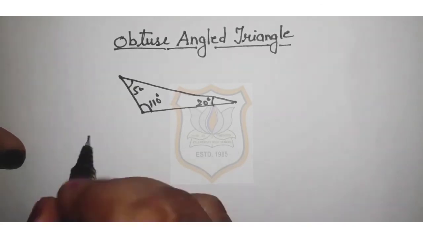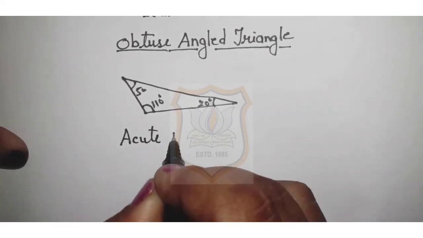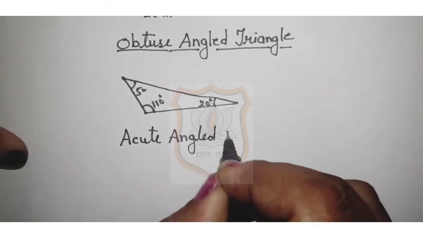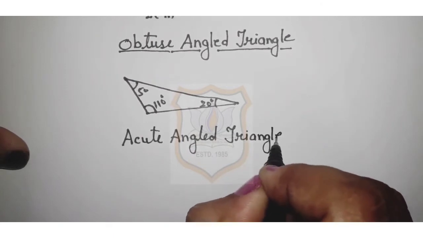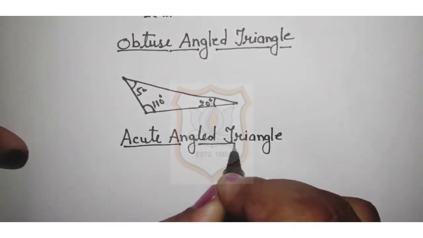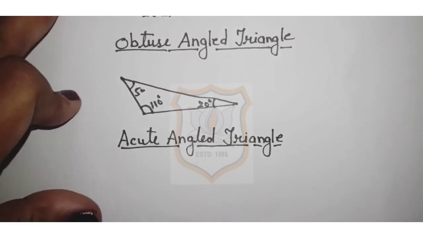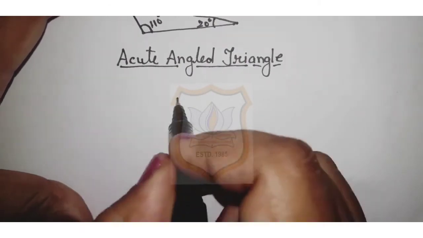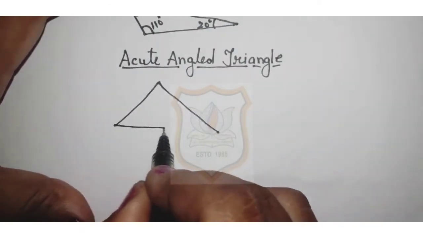Now second one is acute angle triangle. Now what is acute angle triangle? A triangle which has all the angles acute are called acute angled triangle. Suppose this is a triangle.